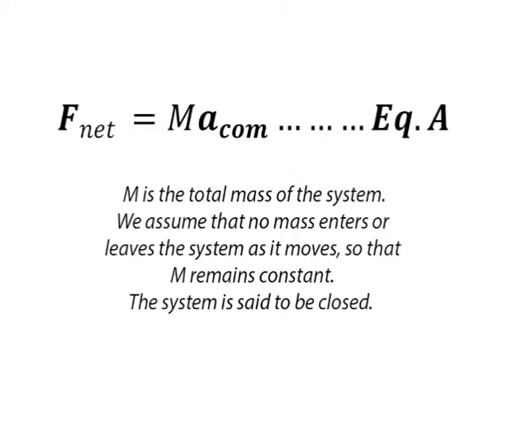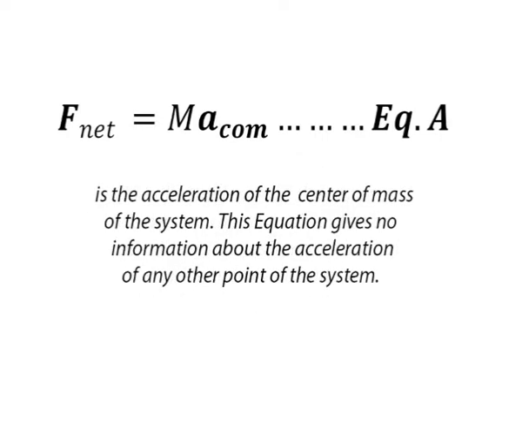We assume that no mass enters or leaves the system as it moves, so that m remains constant. The system is said to be closed. Third, a com is the acceleration of the center of mass of the system.